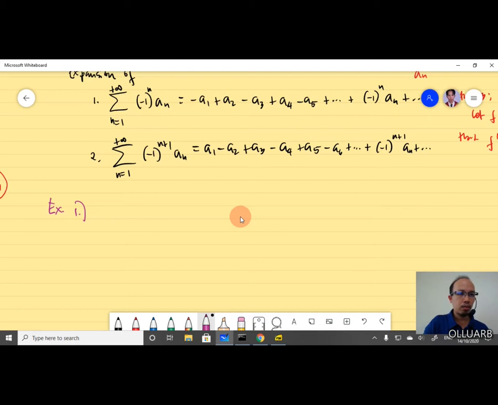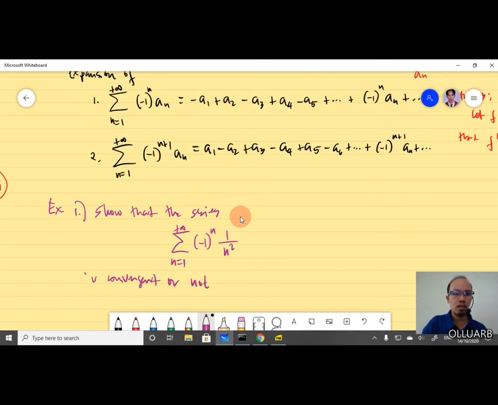Show that the series summation of -1 to the n times 1 over n squared, where n starts from 1 to positive infinity, is convergent or not.